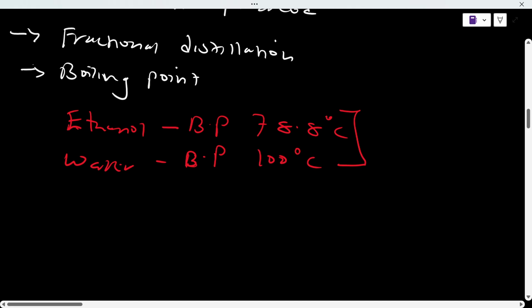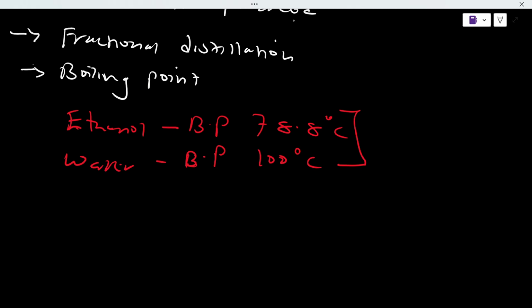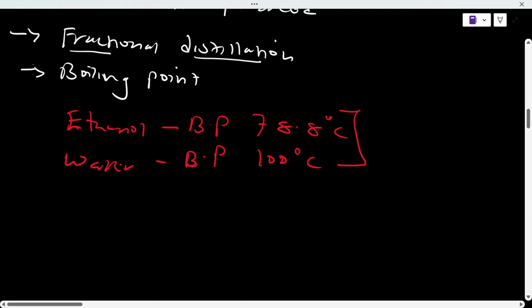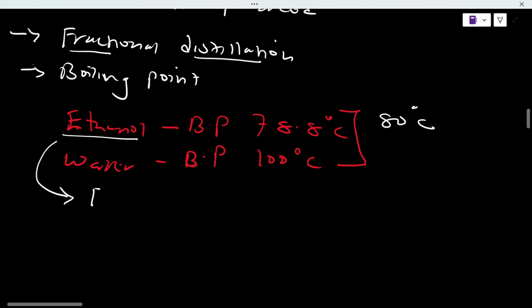So we can subject them to fractional distillation, in which when the temperature reaches about 80 degrees Celsius, we expect all ethanol to be collected first as the first distillate.